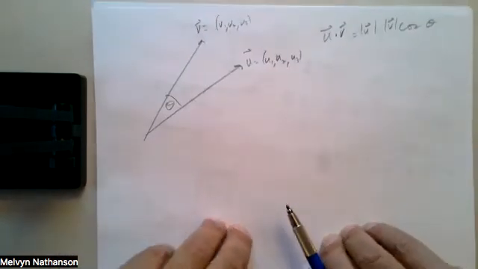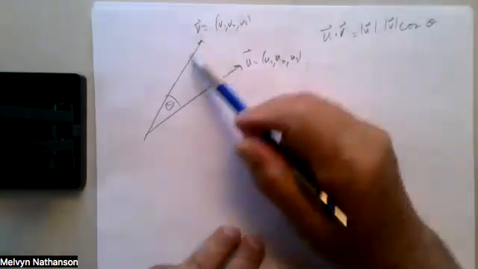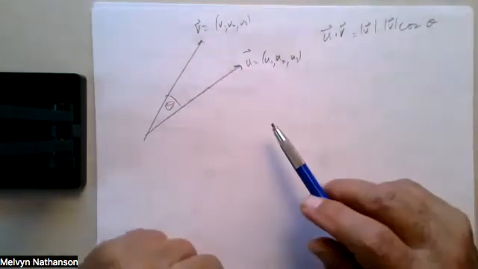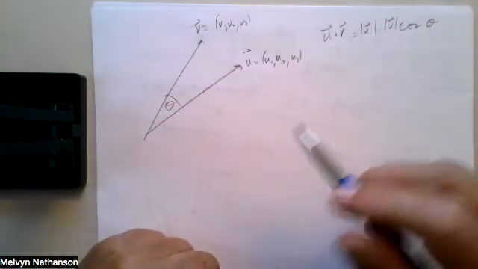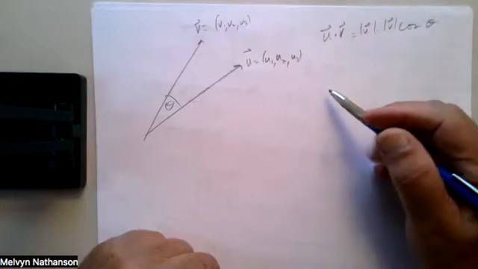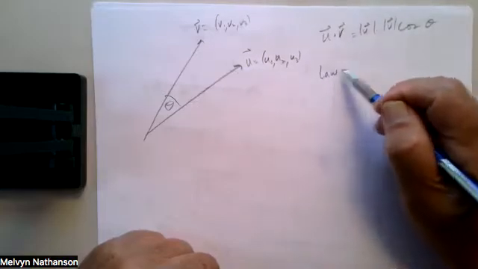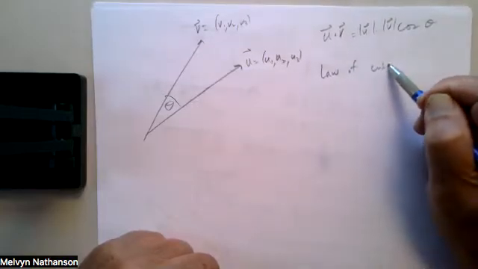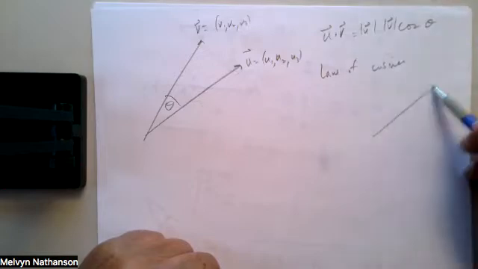Sure. Thank you. So this is u, this is v, this is the dot product. But you also know from trigonometry or geometry what is called the law of cosines.